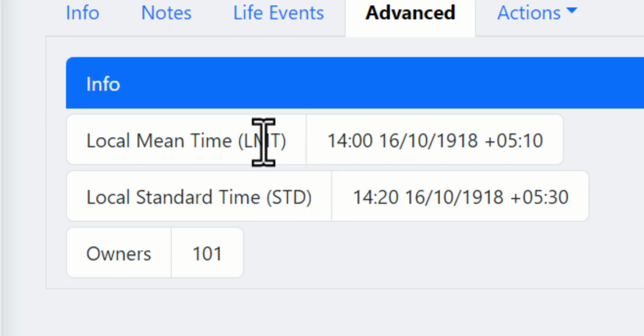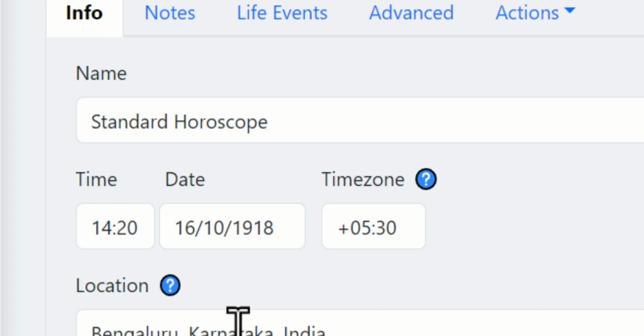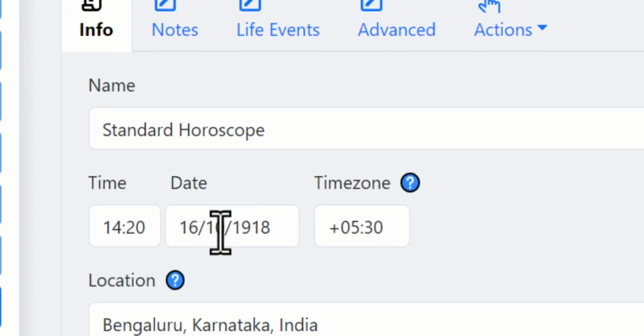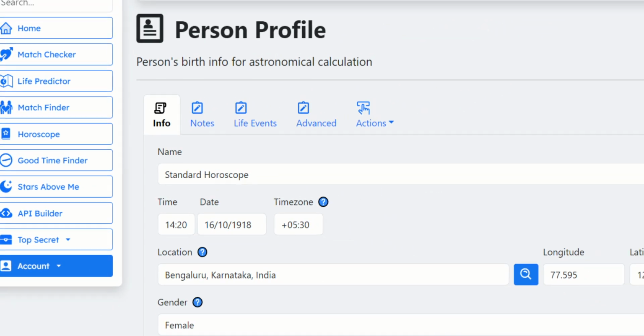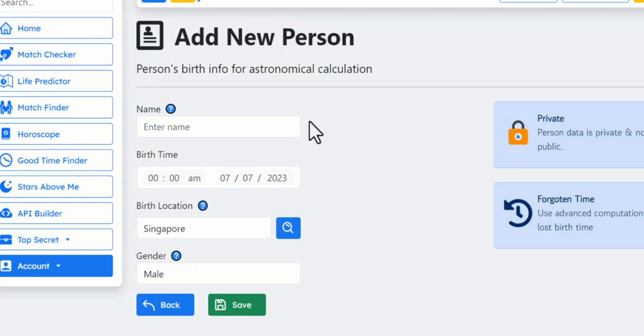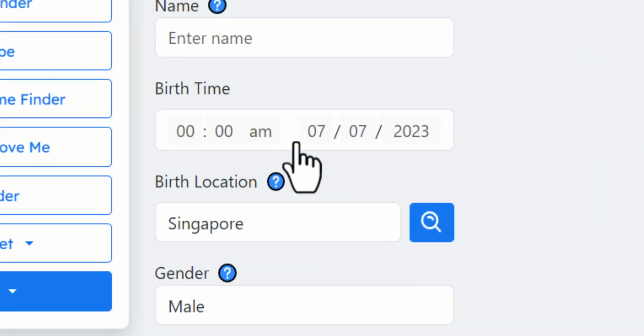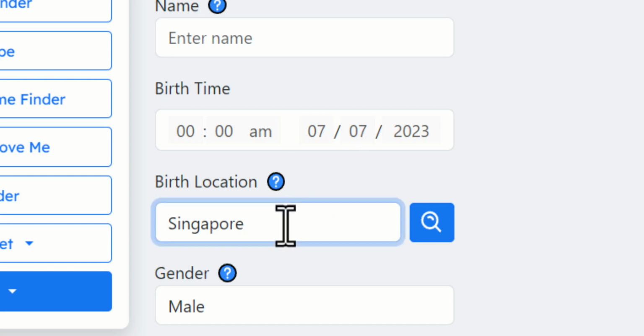Local mean time is automatically calculated for you based on the standard time and the location. So when you're making a new person profile and you key in the time, you key in the standard time and the location, and you make sure the location is as accurate as possible to where the person was actually born.